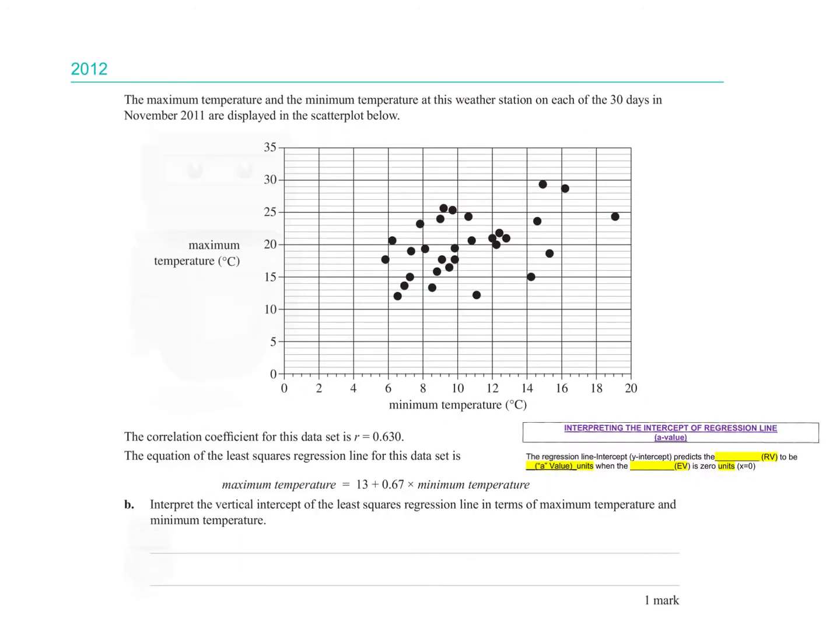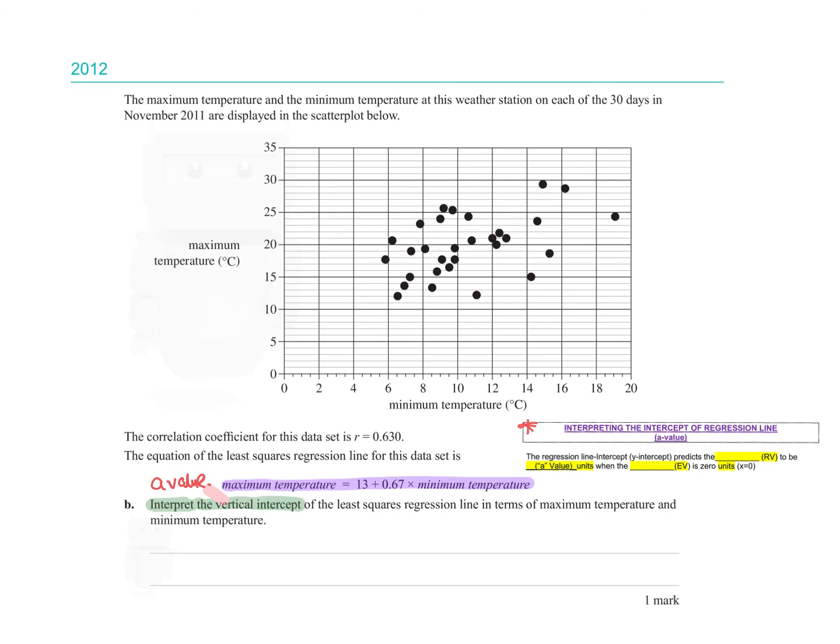Okay, here in this question we've got another scatter plot, and they've given us the equation, and once again they were asking me to interpret. So if we interpret, we've got to fill in the blanks. And they said the vertical intercept, which is just another way of saying the A value. So here I've gone and found interpreting the A value or the intercept.